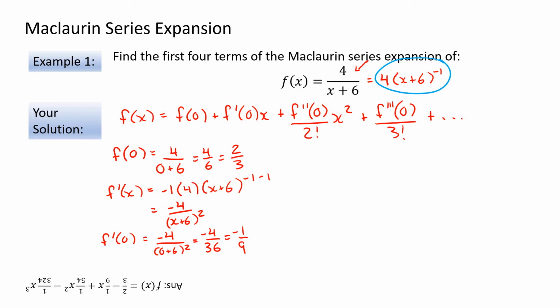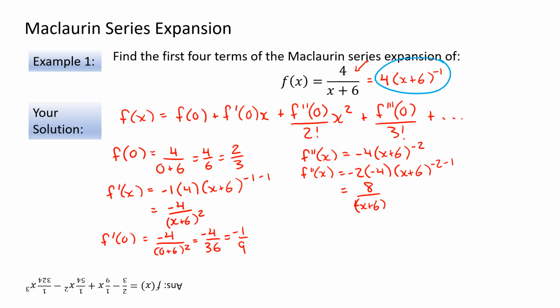To find our second derivative, we have f double prime of x. That's equal to, starting with our first derivative, negative 4 x plus 6, and again I will bring it back into the numerator, so it's to the negative 2. To find the second derivative, it's equal to negative 2 times negative 4, x plus 6 to the negative 2 minus 1, again using the power rule. And what we arrive at here is 8 divided by x plus 6 cubed.